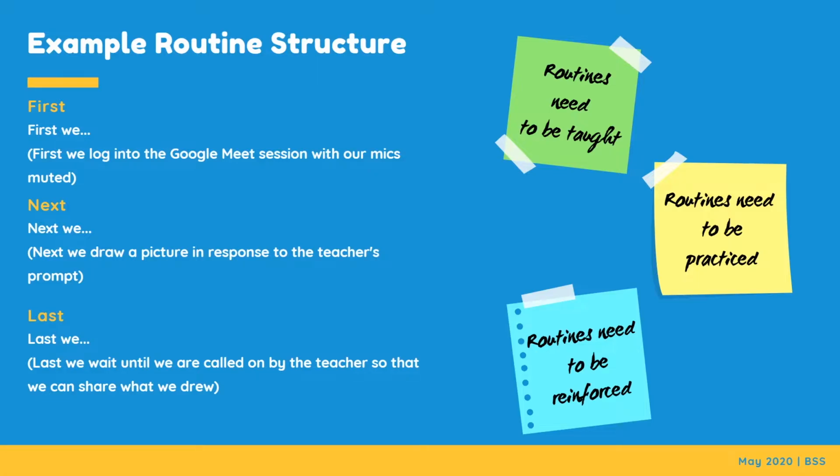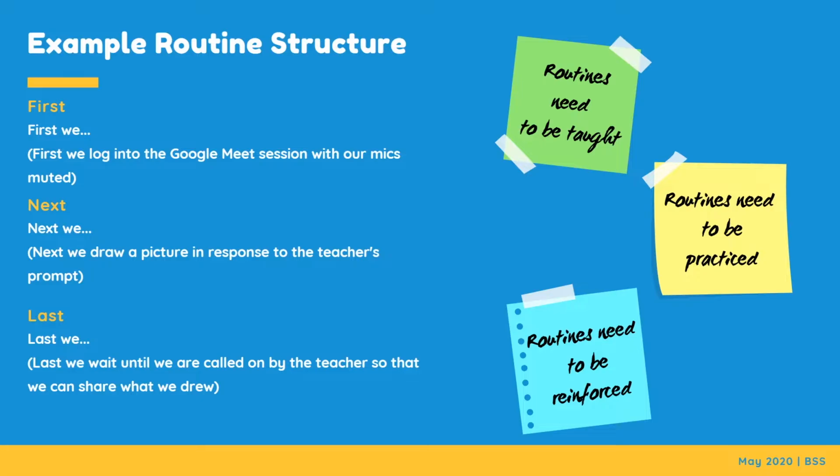In my example, I used a beginning of class routine. First, we log into Google Meet with our mics muted. Next, we draw a picture in response to the teacher's prompt. Last, we wait until we are called on by the teacher so that we can share what we drew.